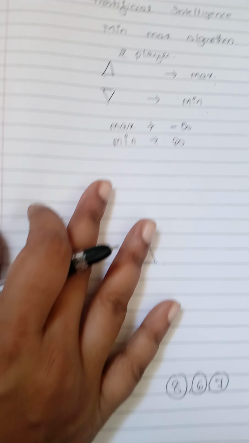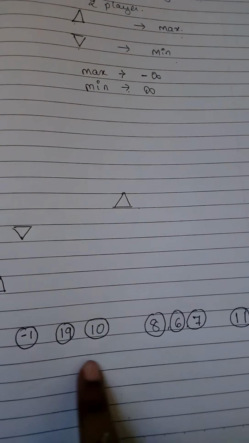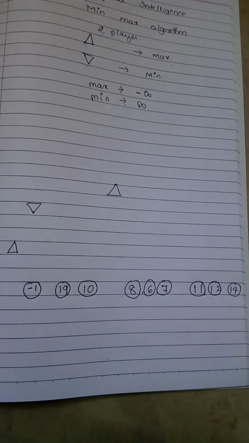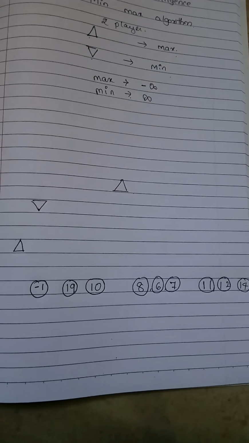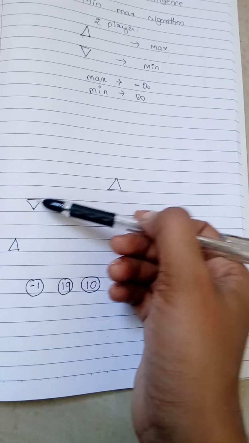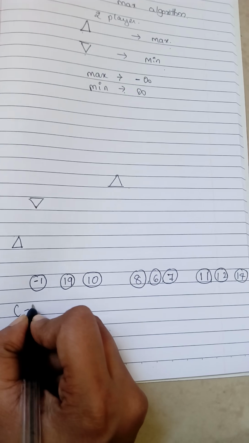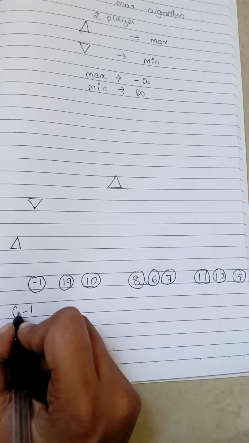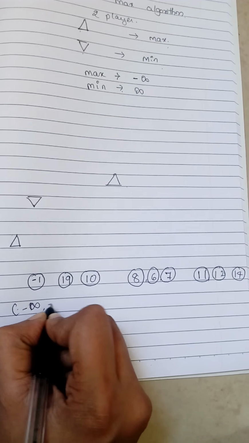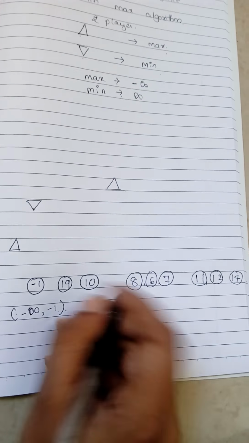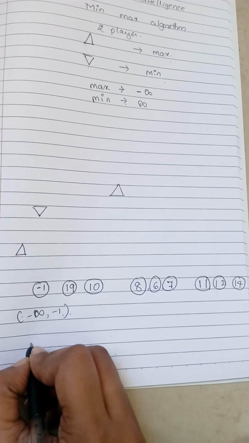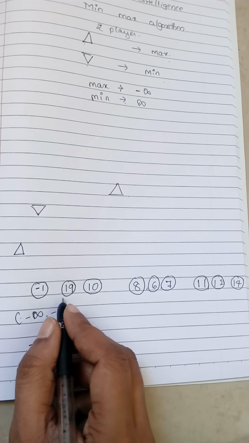Initially we will have these values. I have taken the values like this, and I have given max, min and max. So always, minus 1 will be compared with minus infinity. Which one is better? Minus 1 is better, so it will be put into the buffer, and the next value, 19, will come.